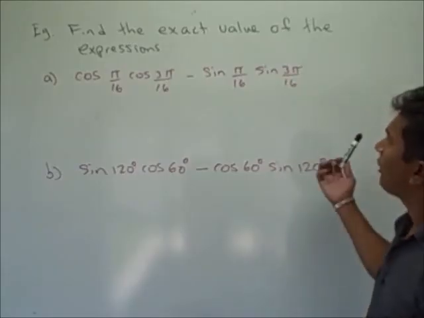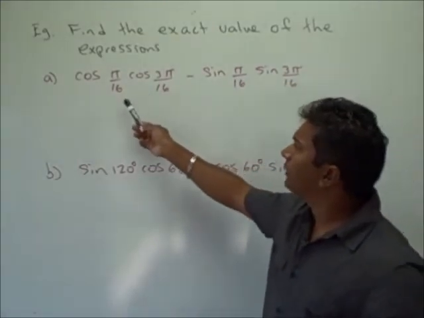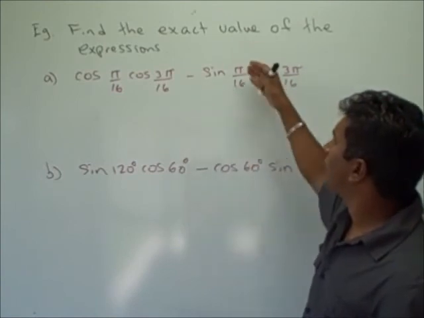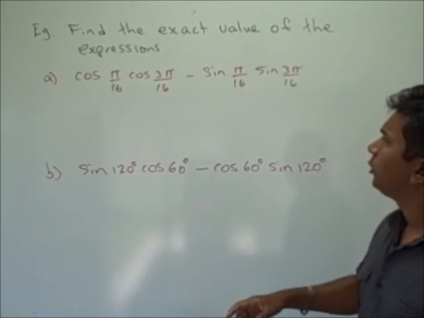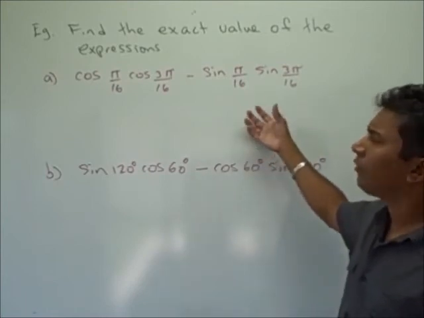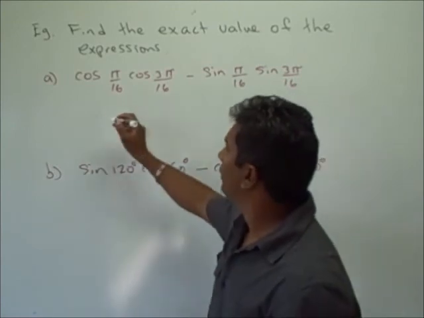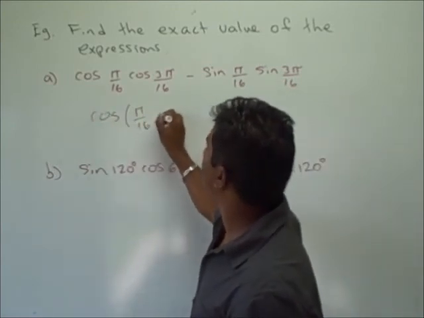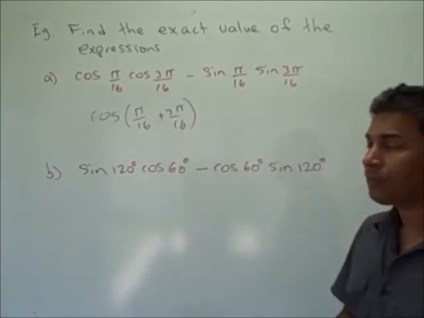Here we're going to find the exact value of these two expressions. First, we have cosine of pi over 16 times the cosine of 3 pi over 16 minus the sine of pi over 16 times the sine of 3 pi over 16. So we know that this is a sum of cosines. Since it's cosine, cosine, and this is a minus, this becomes the cosine of pi over 16 plus 3 pi over 16.